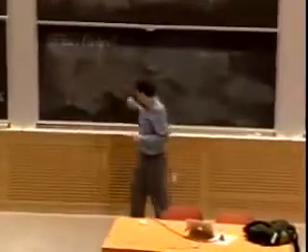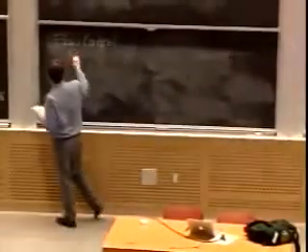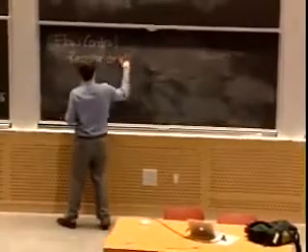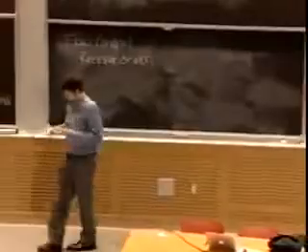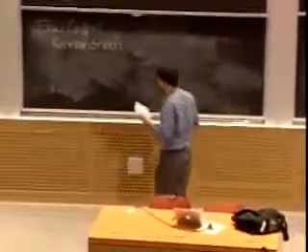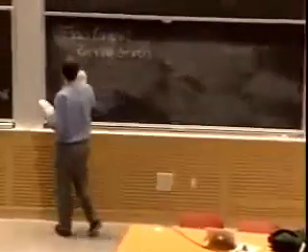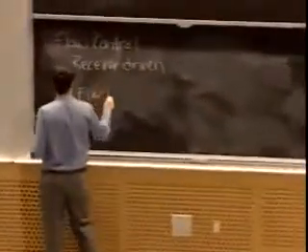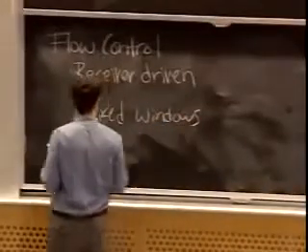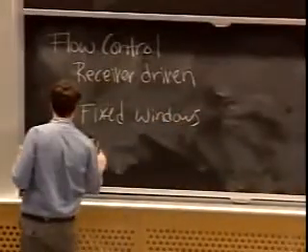Okay, so this is going to be receiver-driven feedback. And we're going to look at two techniques for doing this. The first one is called fixed windows, and the other technique is called sliding windows.